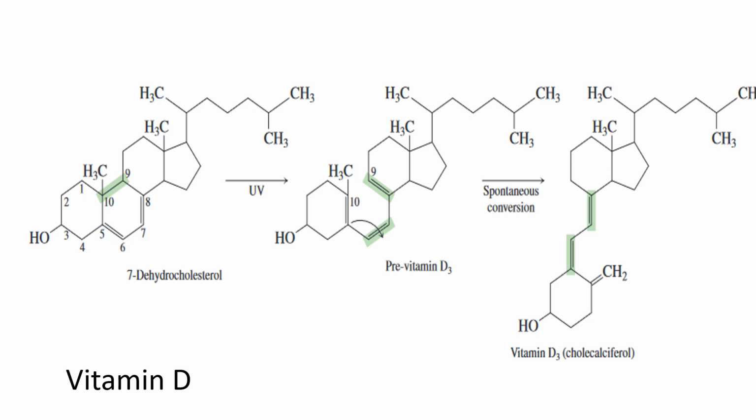Absorption of light energy induces breakage of the 9-10 carbon bond. A spontaneous isomerization, shifting of double bond, then occurs. So this is where you have the 9-10 carbon bond. So this is the shifting of the double bond.